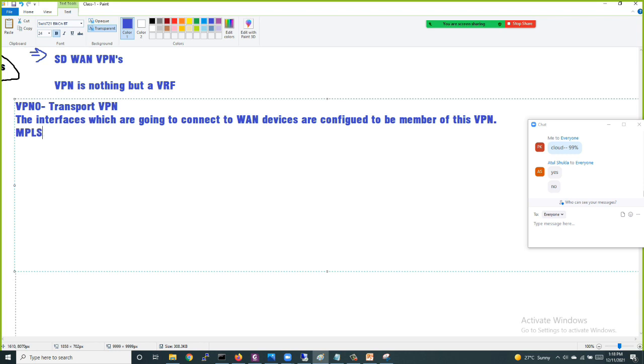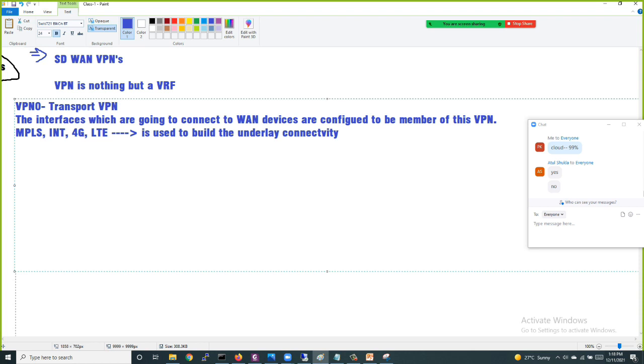So whether you have MPLS connectivity, internet connectivity, or 4G or LTE connectivity, any type of WAN service, you have to connect those interfaces to my WAN edge device, and you have to configure those interfaces to be a part of which VPN? Transport VPN. Transport VPN is used to build the underlay connectivity, right?